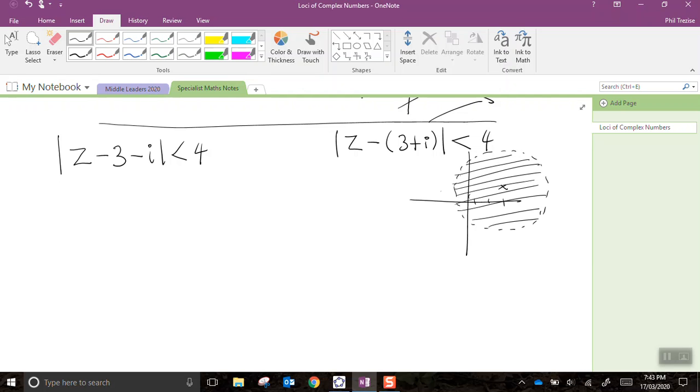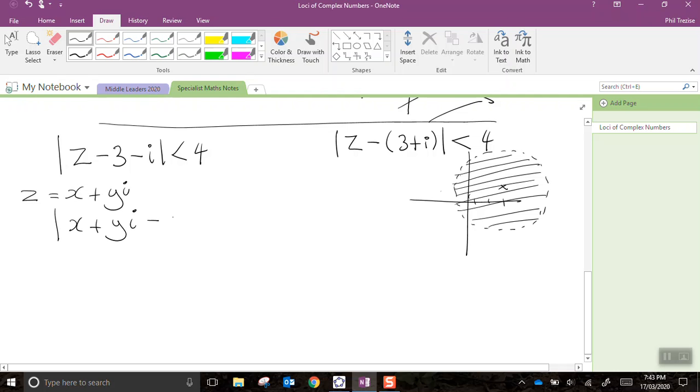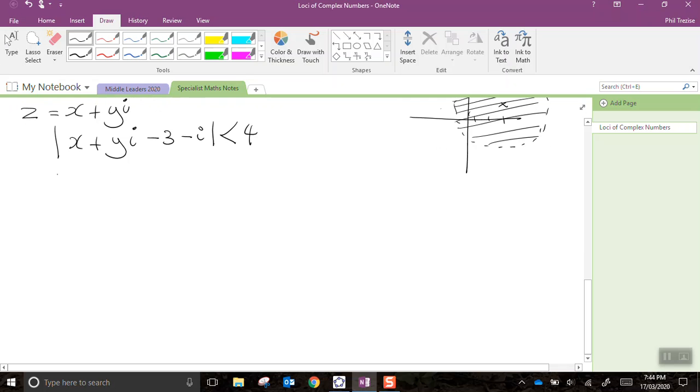Let's see what we'd do if we needed a bit more analytic argument, some algebra. Once again, we will use the fact that our complex number is x plus y times i, and we'll write this into the expression we were given. Now, the real part would be x minus 3.